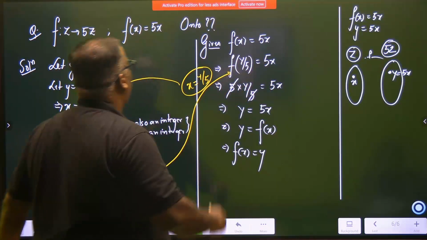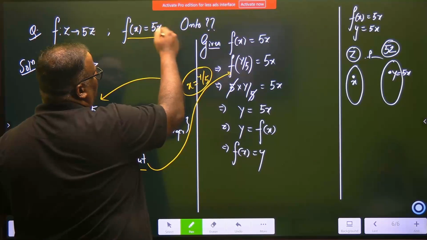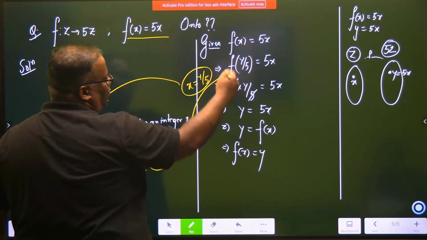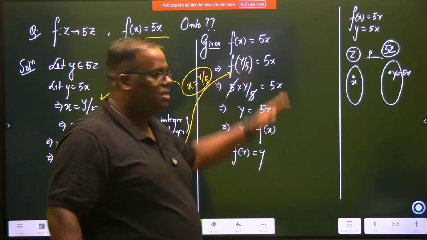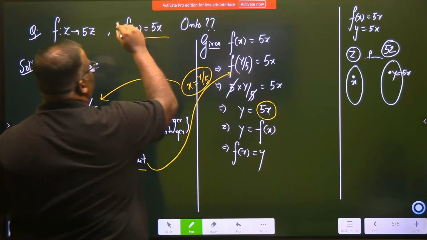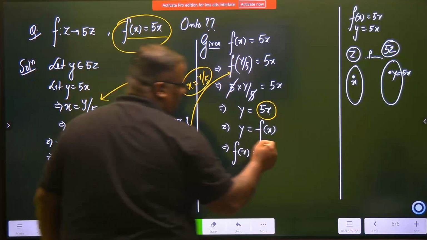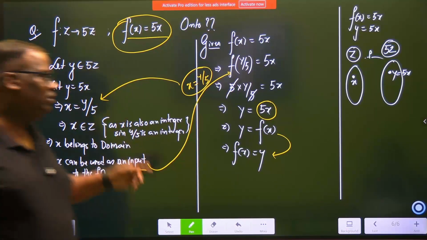Once you write x in f of x, I'm retaining the right side. The next step, I again read the function. f of x is 5 times of x. f of dog, 5 times of dog. f of cat, 5 times of cat. f of y by 5, 5 times of y by 5. 5 cancels. And what is this 5x? This 5x is nothing but f of x. And I just change my hands. And now go back to the definition of surjective.